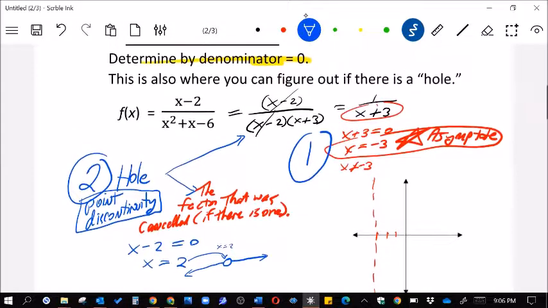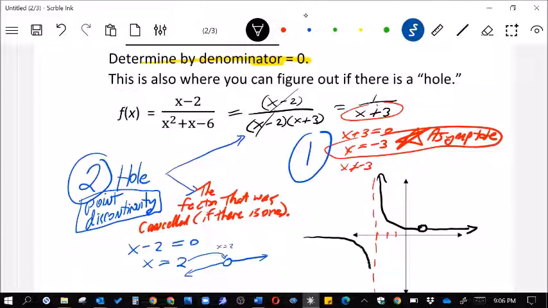So now, having said that, let's actually graph this. The way this would graph would be approximately like this. Ooh, notice I put a hole. That's the idea, I put a hole. The asymptote is the part, the x values it cannot touch.